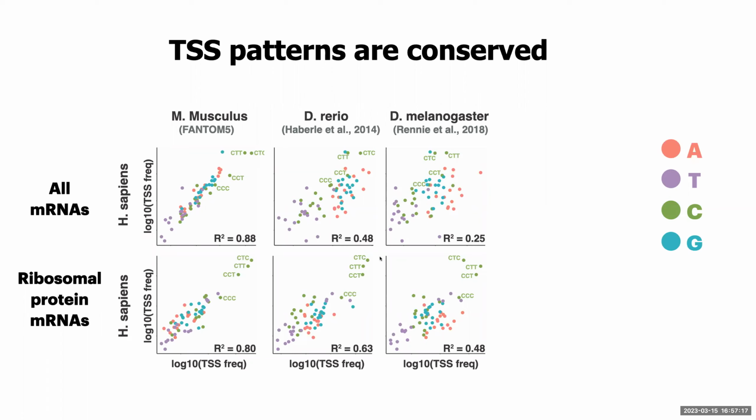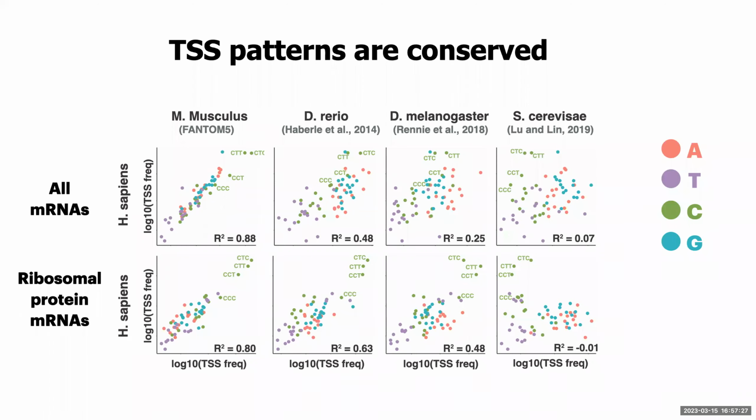Especially in ribosomal protein mRNAs, once again, those 4 3-mers are the most heavily used. And again, in yeast, this is quite different. For yeast RP mRNAs and for yeast RNAs in general, +1C sequences are really not used nearly at all.